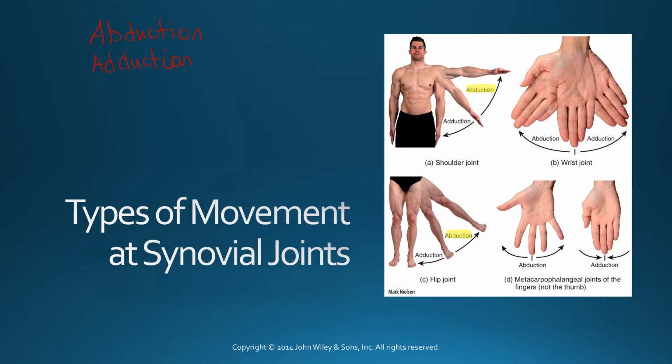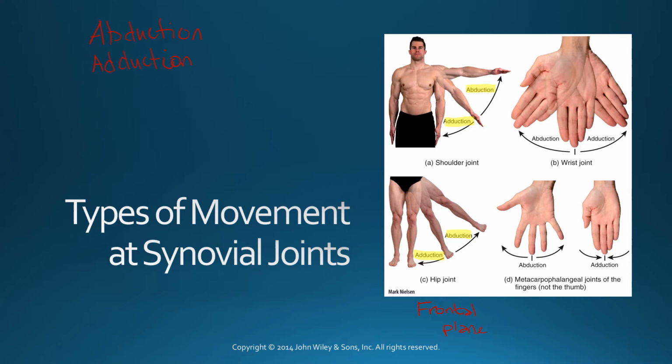This is the movement of a bone toward the midline. So you see that here and here. Essentially, adduction is a movement that returns each of these body parts back to anatomical position. Both of these movements usually occur along the frontal plane.